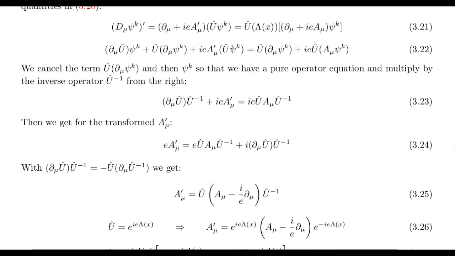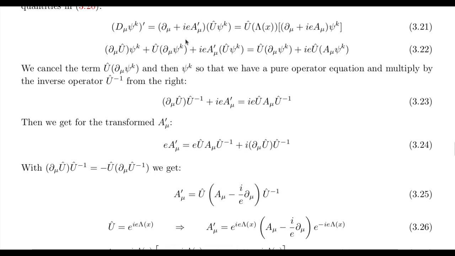Now we consider the second and third term here in 321. Here we resolve the parenthesis, so we have the partial derivative applied to u and psi. Both depend on x, so we get two addends. In the first, u is here together with the derivative, and here we differentiate psi.